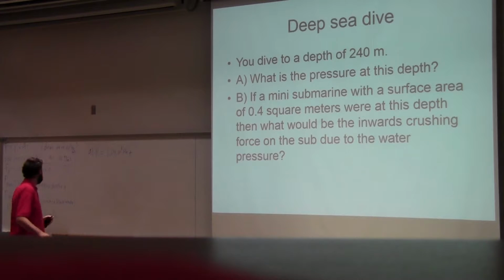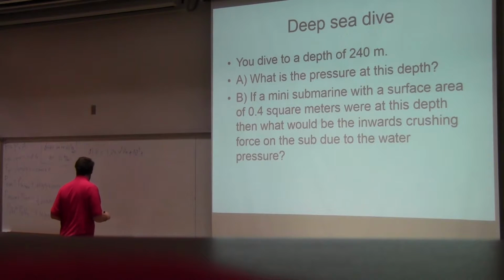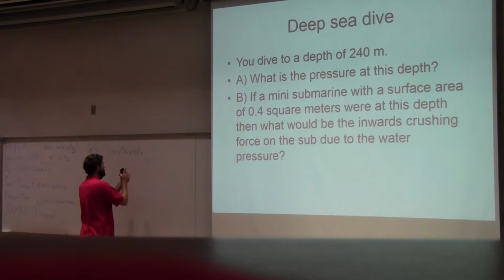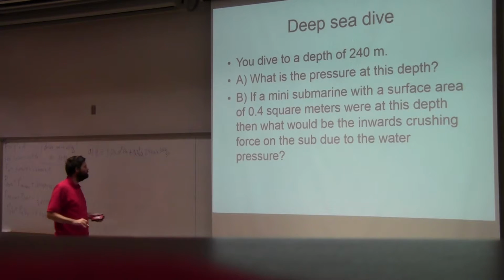All right, and we're back. So, density times depth times g. So 1 times 10 to the 3rd, times 240 meters, times 10 meters per second squared. This, of course, is kilograms.